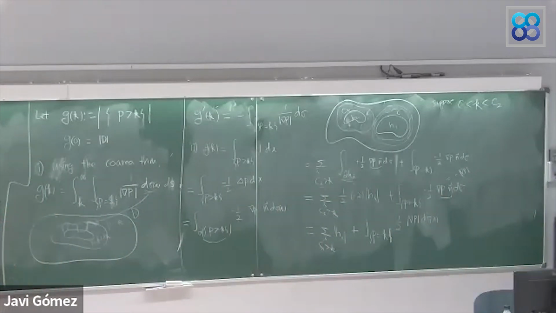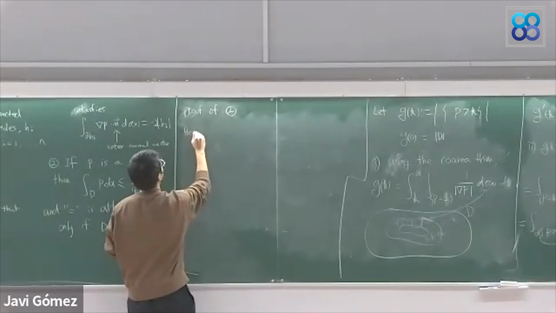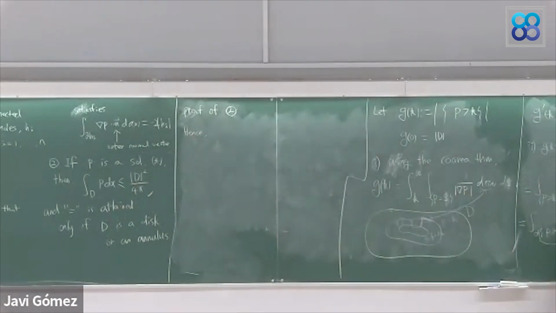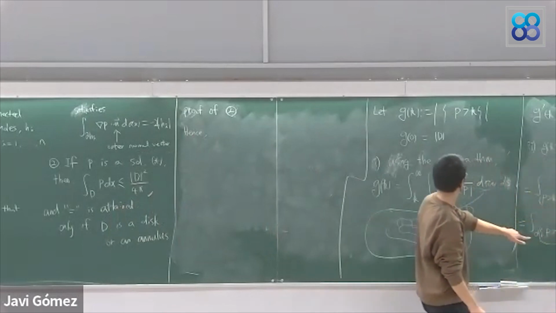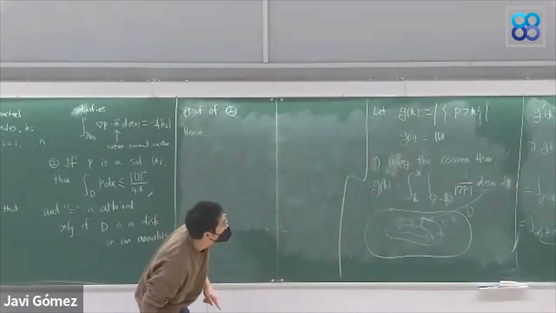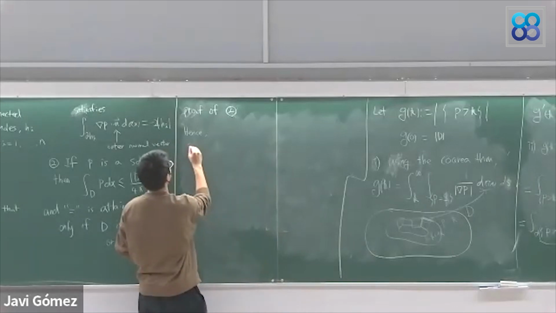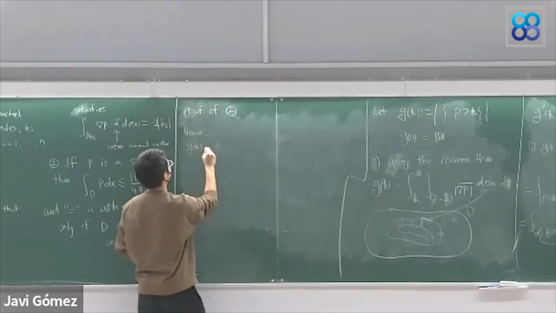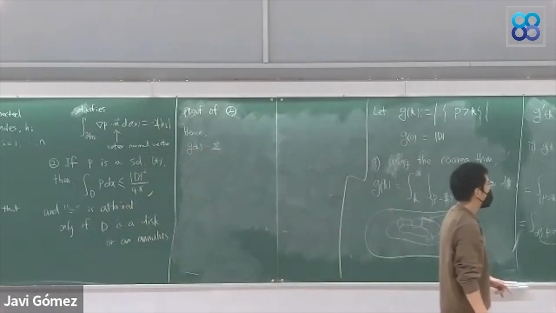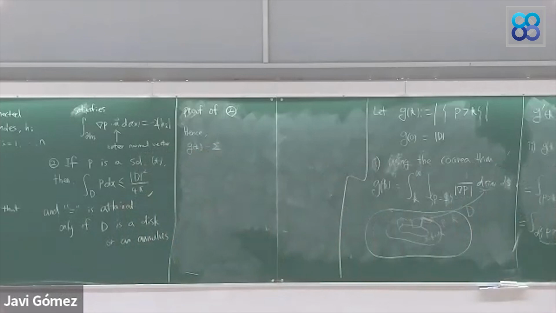We get this is G(K). So then therefore G(K) minus... I think I made a sign mistake somewhere.